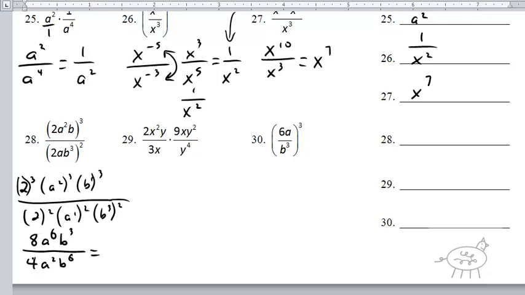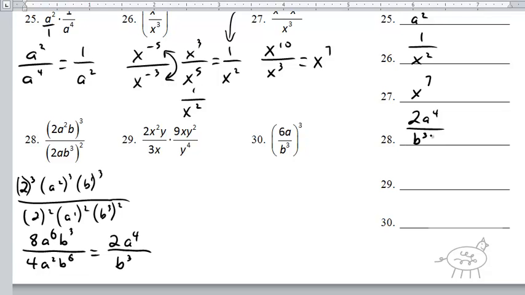Well, 8 over 4, you guys should know, you can put it in your calculator if you want, but it's 2. That's on top. And then I have battle with the a's, and the top wins by 4. And then I have battle with the b's, and the bottom wins by 3. Okay, so 2a to the 4th over b cubed.